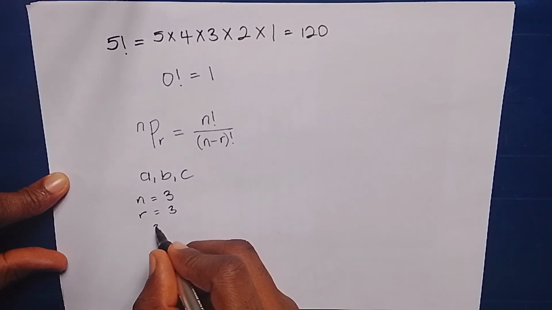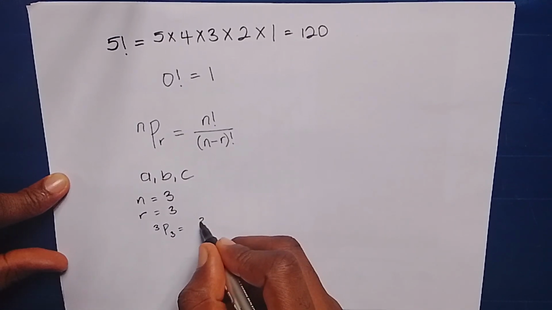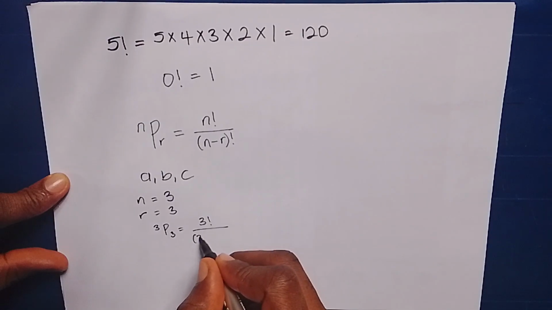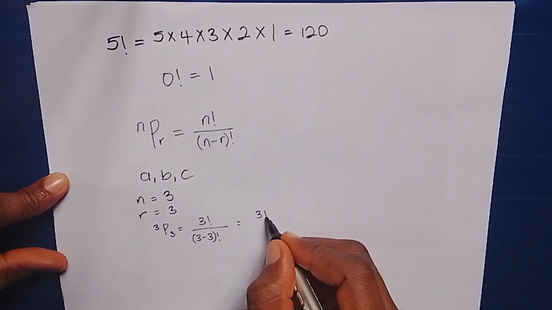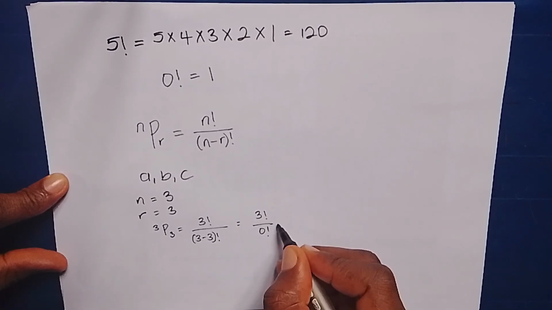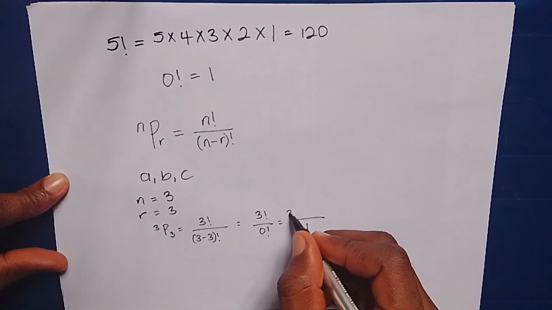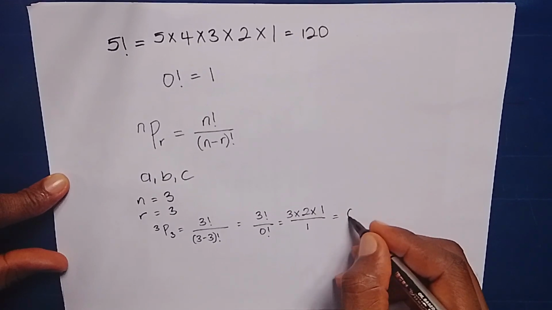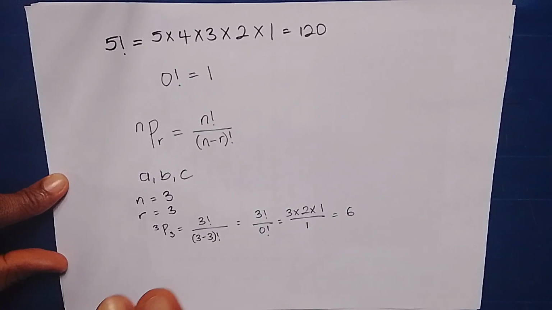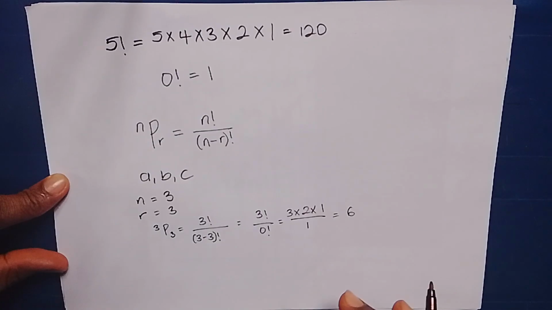So we have 3P3, which is equal to 3 factorial over 3 minus 3 factorial, which is equal to 3 factorial over 0 factorial. Remember, we already stated that 0 factorial is equal to 1. Then we have 3 times 2 times 1, which is equal to 6. So remember, in the different arrangements we showed of ABC, we had 6 different arrangements.